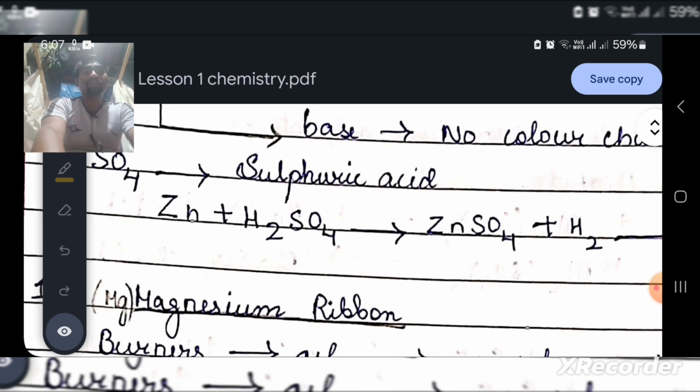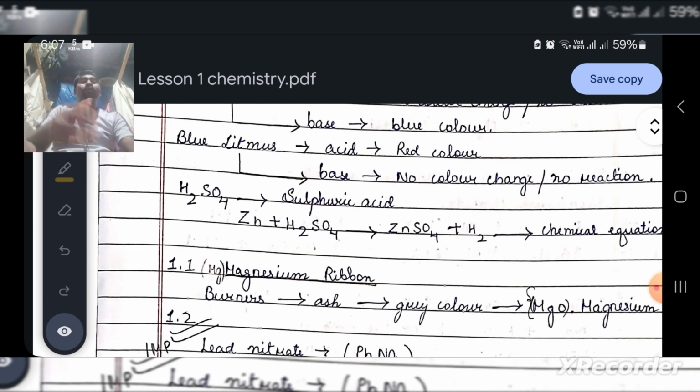If we do it in the lab, what will we do? First of all we'll take a zinc, then we'll pour sulfuric acid, a liquid. Then the reaction will take place on a beaker or watch glass, you can say.